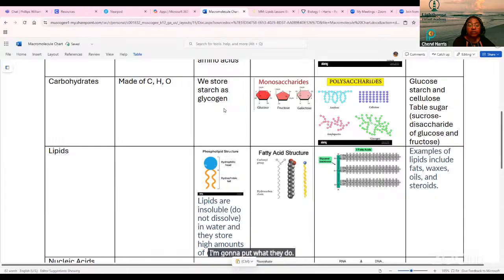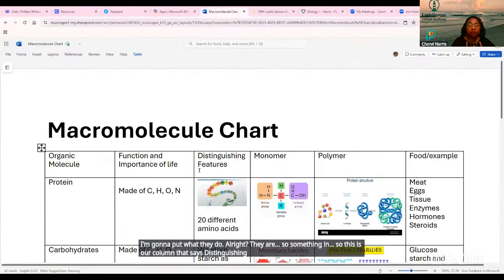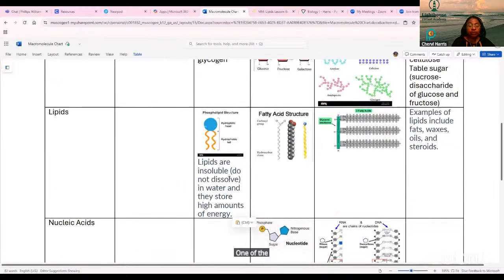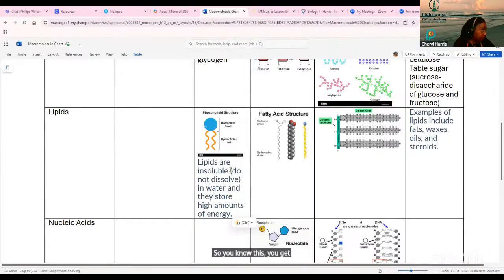This is our column that says distinguishing features. One of the distinguishing features of a lipid is they are insoluble. That means they do not dissolve in water. So you know this, you get grease and it sits and floats on top of the water.